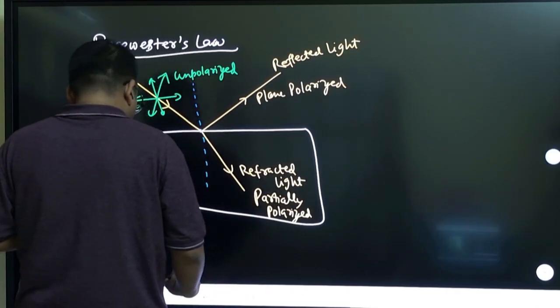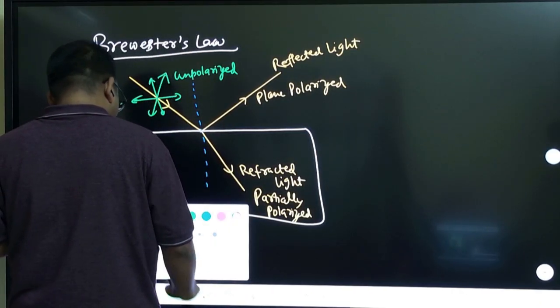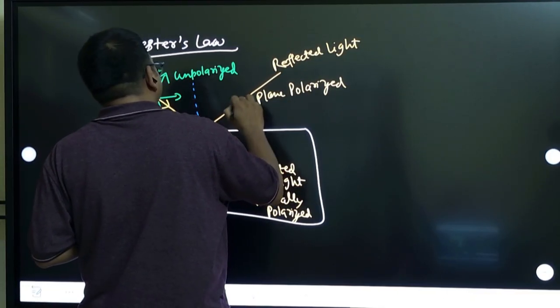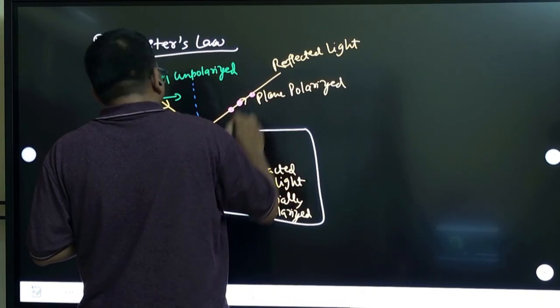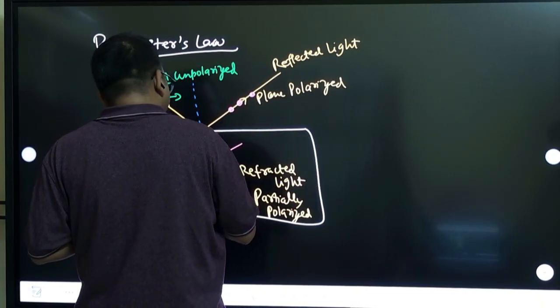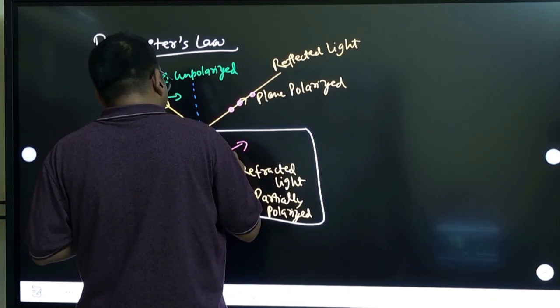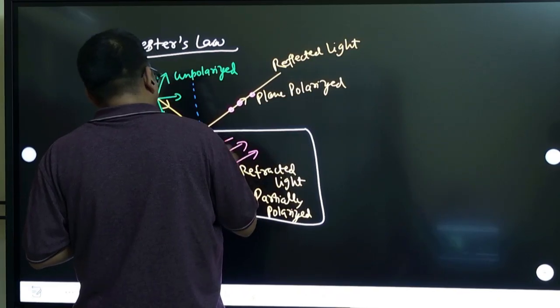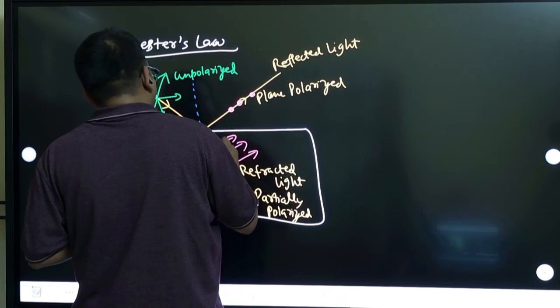Okay. So partially polarized, how do you represent it? Partially plane polarized you can represent as dots and small dashes like this. This is partially polarized. Okay.